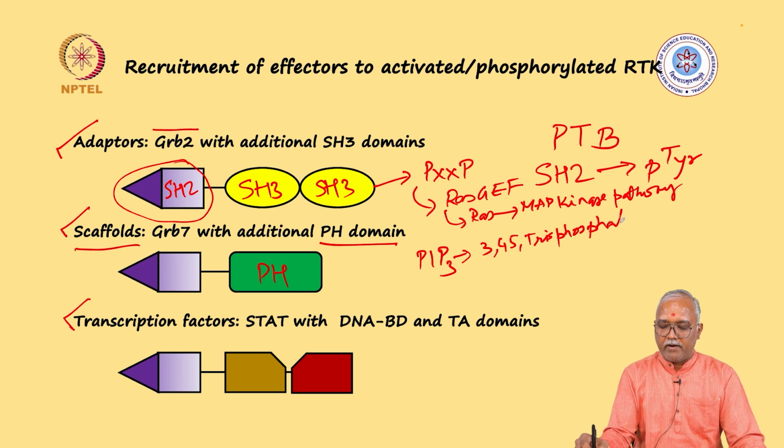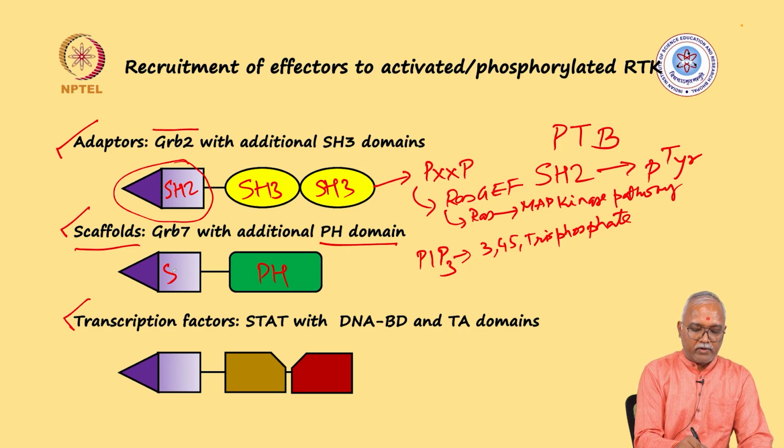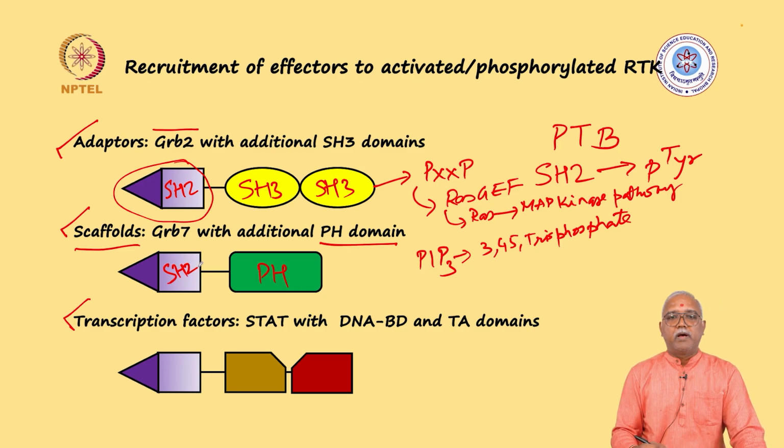So in the membrane, wherever you have this PIP3 kind of lipid, the PH domain will help these proteins anchor to the membrane region, and the SH2 domain which will be there will help recognize the phosphotyrosine on the receptor.